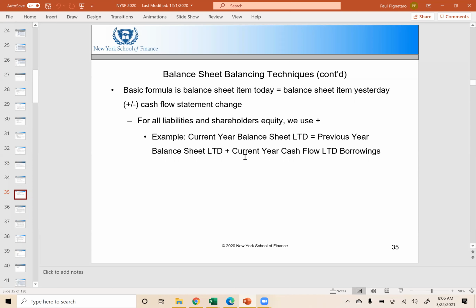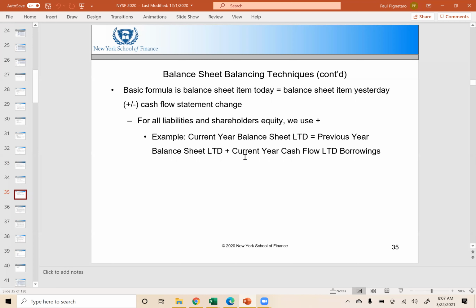You'd also get a liability. So if you borrow debt and there's a cash positive line item in your cash flow from financing operations, this means you've received money, which means you've borrowed money, which means you've increased the liability. So the projected year's liability will equal last year's liability plus the cash change.